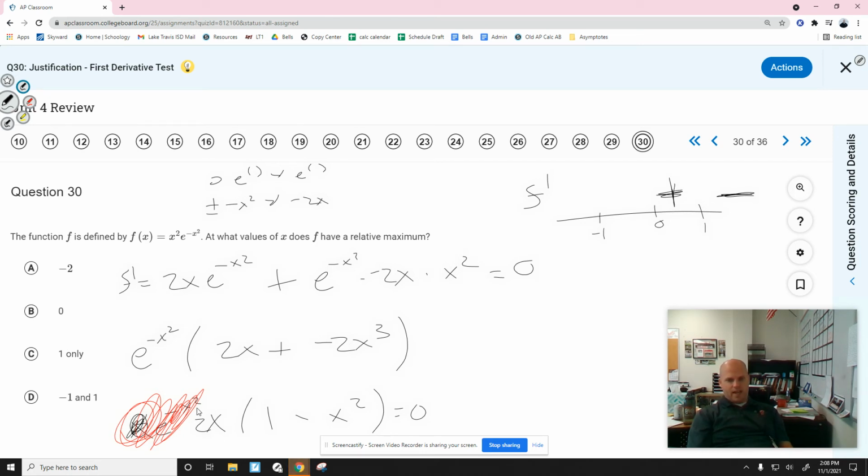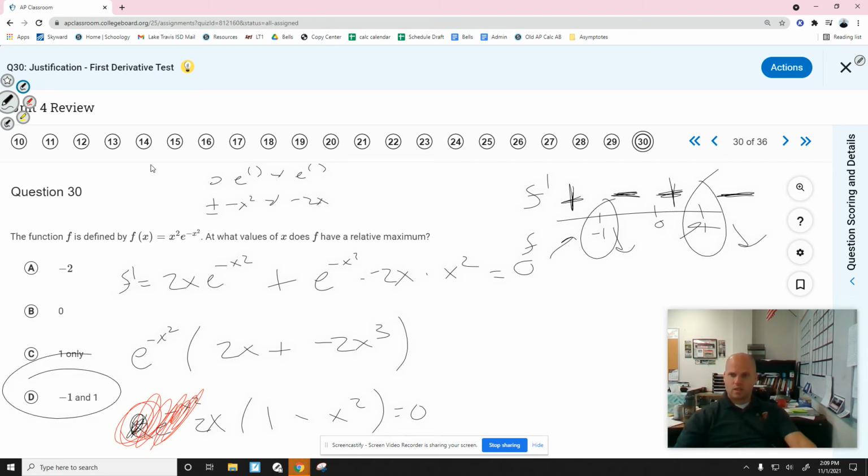Negative a half is negative, positive. And negative 2 is negative. So f is going up, down, and the max is at negative 1 and 1. Good little function analysis question.